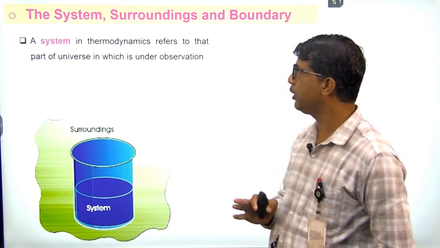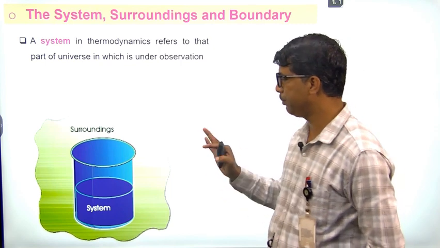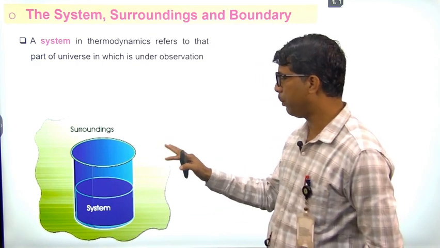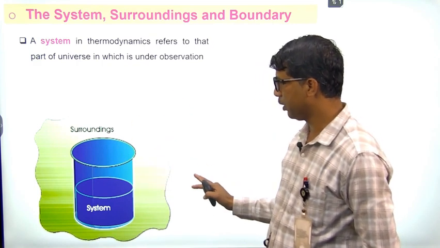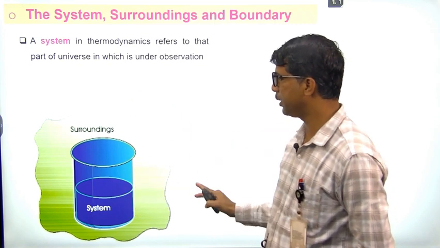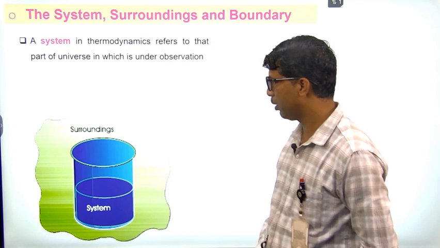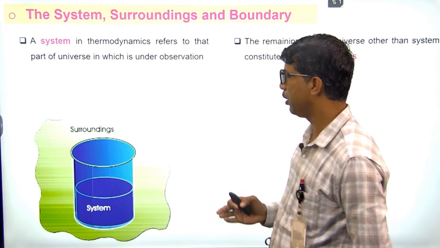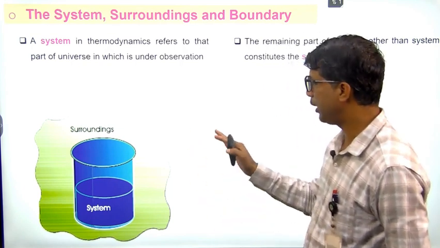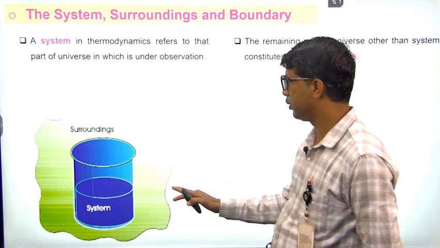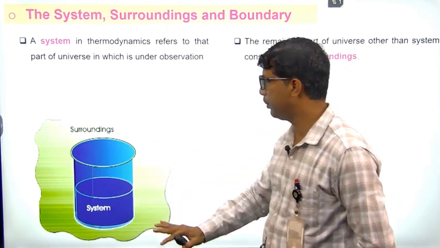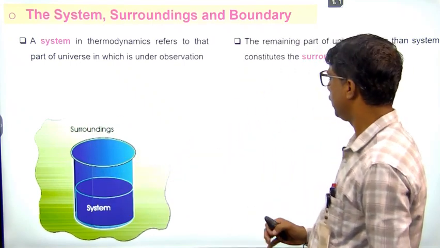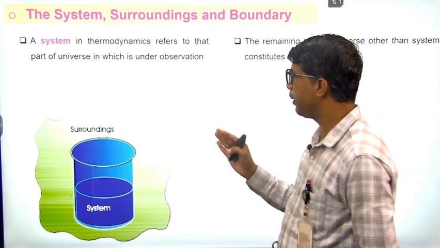A system in thermodynamics refers to the part of the universe which is under observation, because here we observe only the water in the space. Therefore the water is a part of this universe and we call this a system. Now what do we call the surrounding? The other part of the universe other than the system, that means the beaker, as the beaker is the remaining part of the universe.